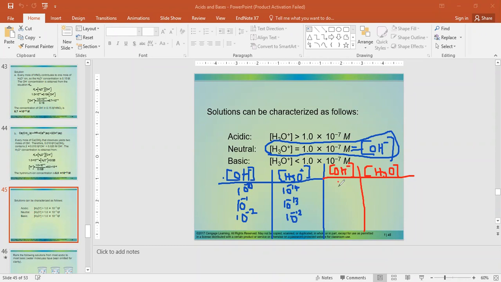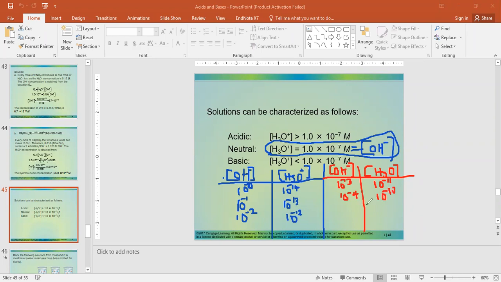So if this is 10 to power negative 3, this one has to be 10 to power negative 11. If this is 10 to power negative 4, this one has to be 10 to power negative 10.